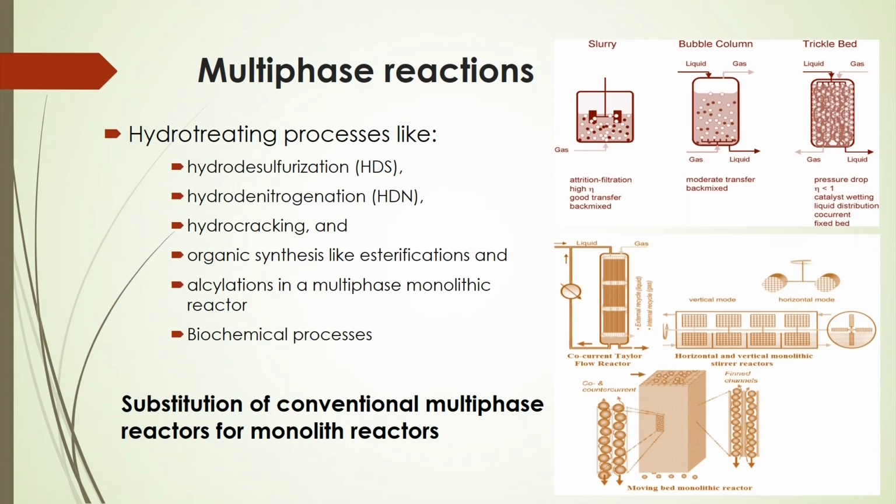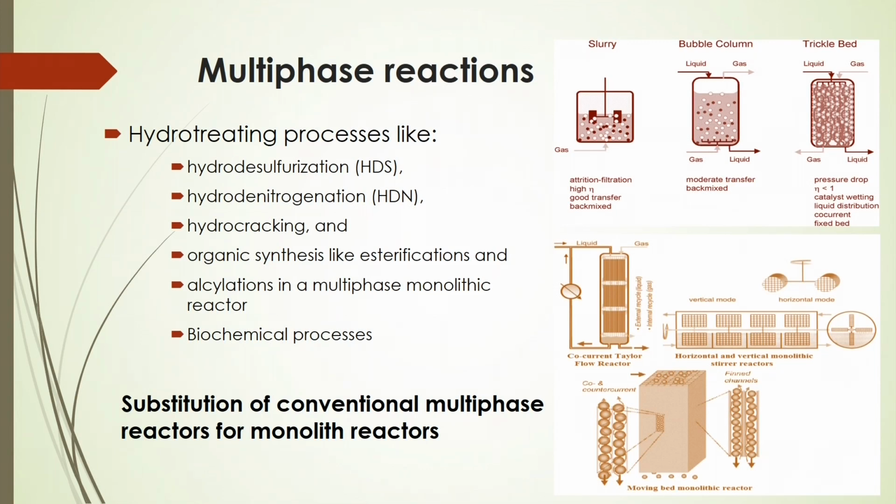There are some advantages, like back mixing can be reduced by the structure of the conventional slurry bubble column in a two dimensional column. And also trickle bed reactors need not be upflow, they can be downflow reactors.